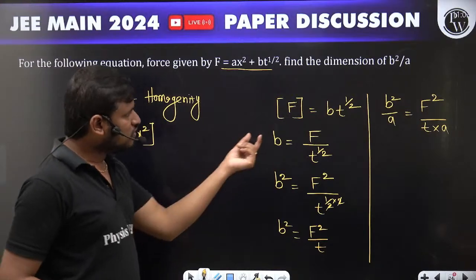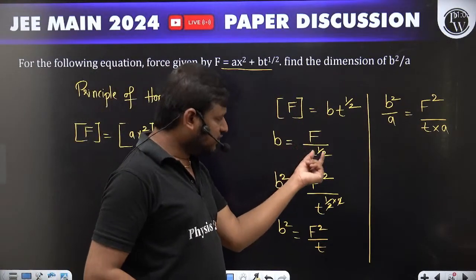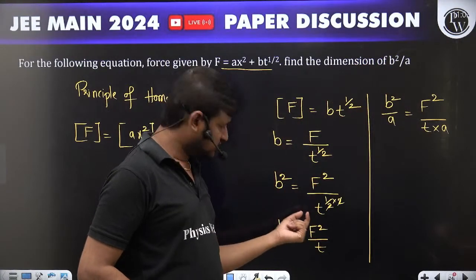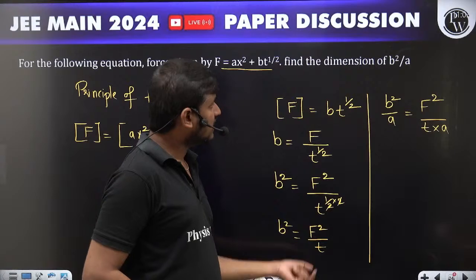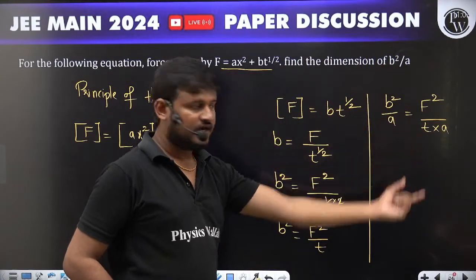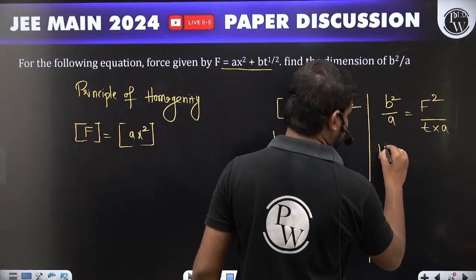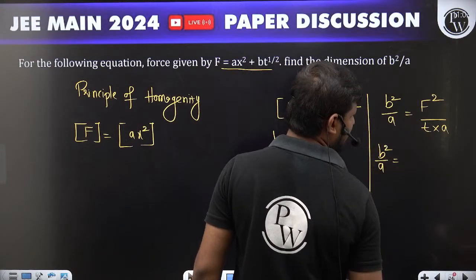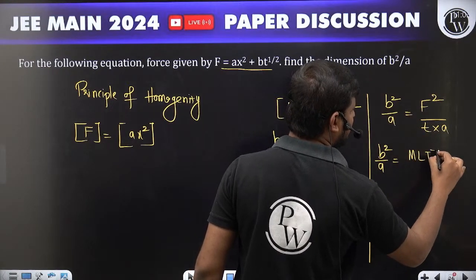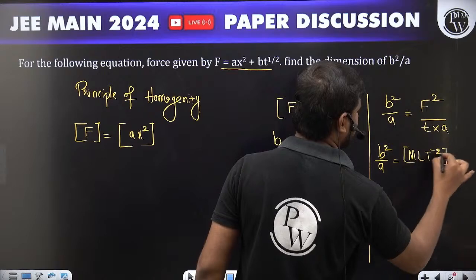Now from here b is equal to F by t to the power 1 by 2. Now I need b square, so squaring on either side I got F square by t. I need b square by a, so I divided either side by a. So the dimensions of b square by a will be equal to F square by t into a. The force dimensions are F, L T to the power minus 2, whole square.